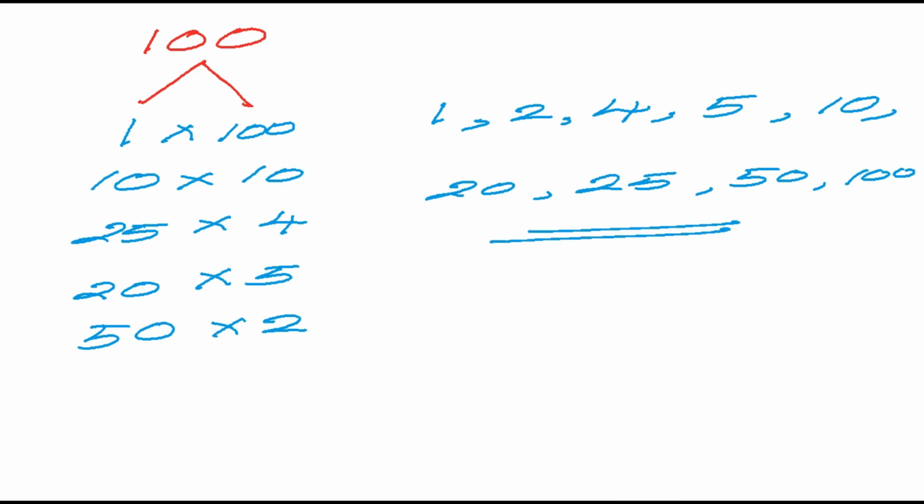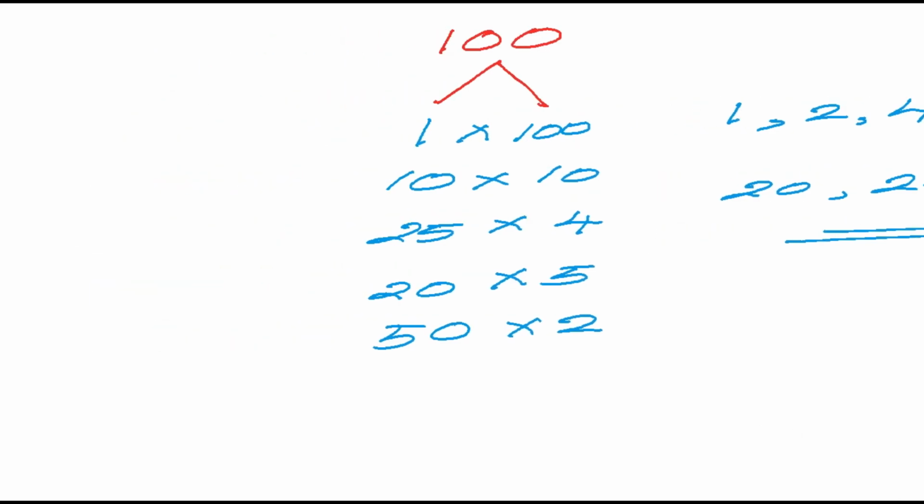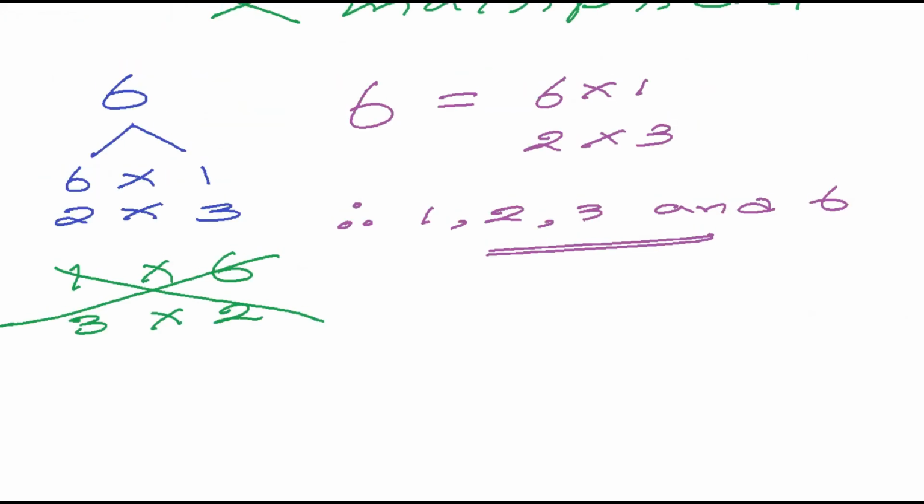Here we have 8 factors. That means number 100 has 8 factors. But the first example we got, number 6, has only 4 factors: 1, 2, 3 and 6.